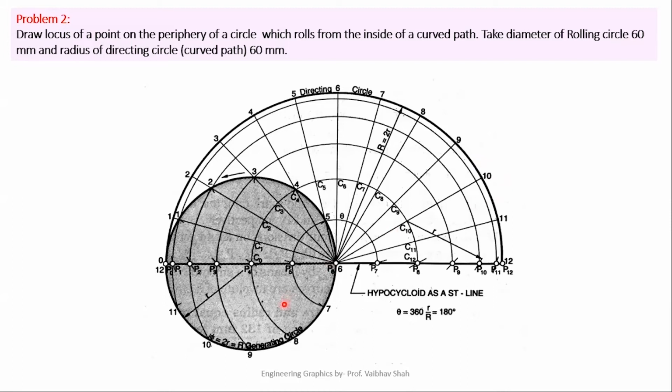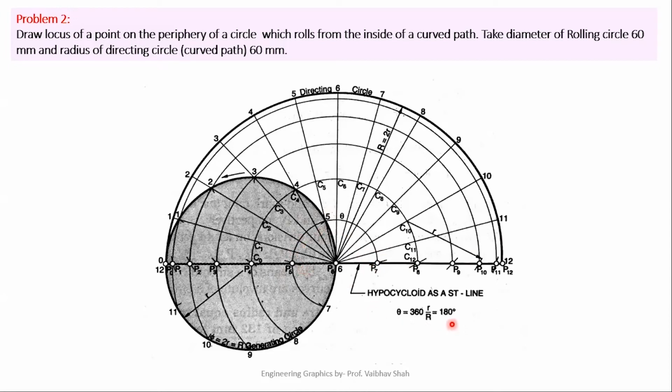Now, if we have divided this circle into 12 equal parts, then it is compulsory to divide the curved path of this directing circle also into 12 parts. For that, we know that the total angle of this directing circle is 180 degrees. So we put 180 degrees divided by 12 in our calculator, and we'll get one single measurement.